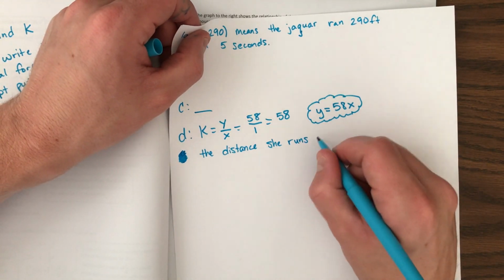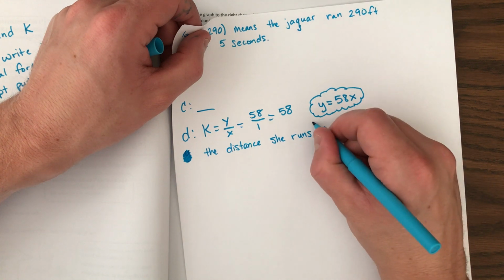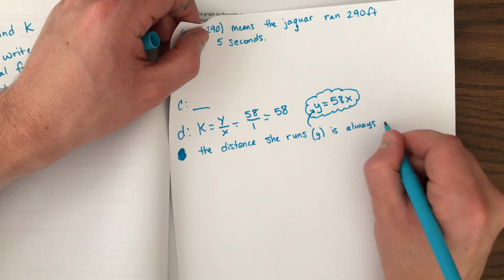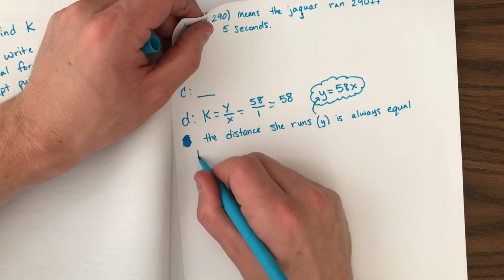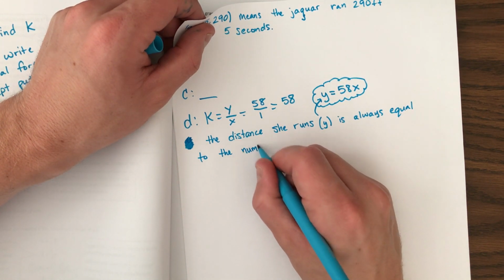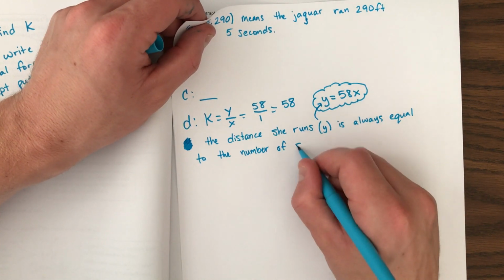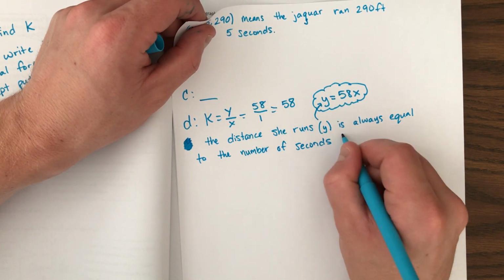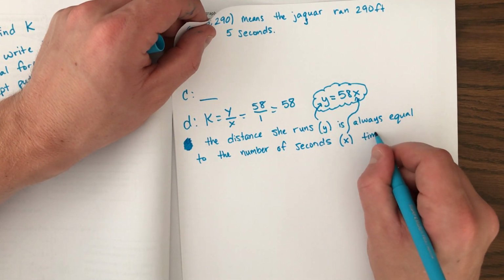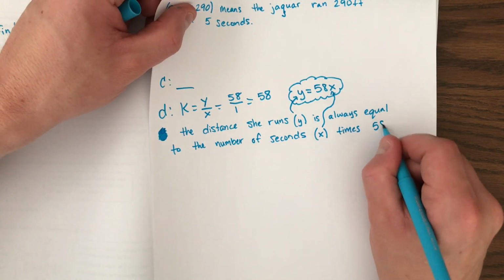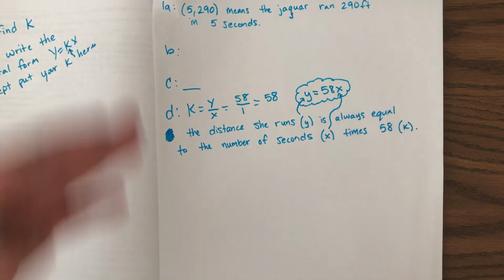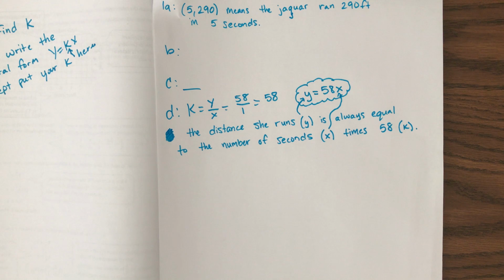She runs, which in parentheses we'll put y, and we'll even draw an arrow to that y, is always equal to the number of seconds, which in parentheses we'll mark that that's x, that x right there, times 58, which is k. I think that's a pretty good explanation of how our equation works, or our reasoning behind it.